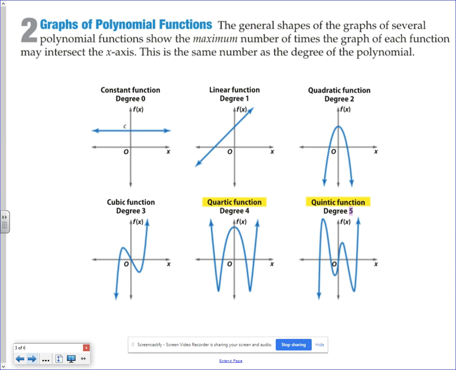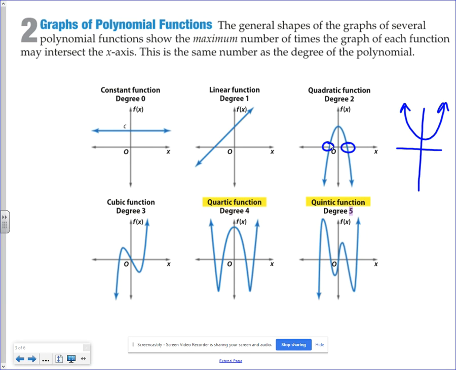Over here, a quadratic is degree 2. It crosses the x-axis on this particular example at 2 points. That's the maximum. But it doesn't mean it has to. That's just the maximum value. It could not pass it at all, because if we graph this quadratic, it wouldn't pass the x-axis.